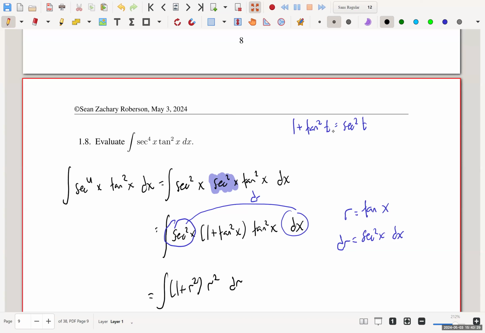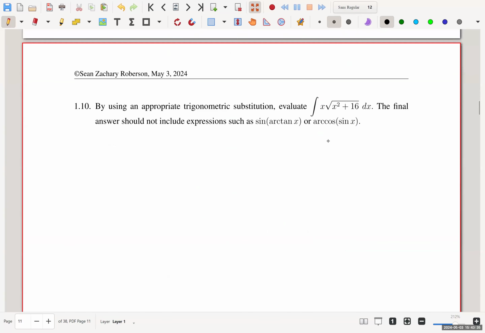Think about the Pythagorean identities because those motivate the substitution that you want to do. So let's look here. We have x squared plus 16. I want to make the variable change x equals 4 tangent t. Dx is 4 secant squared t dt.